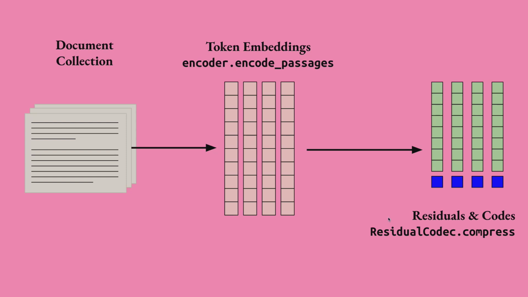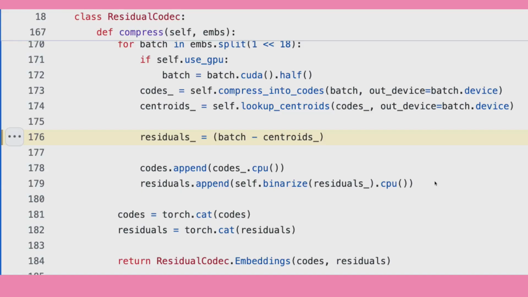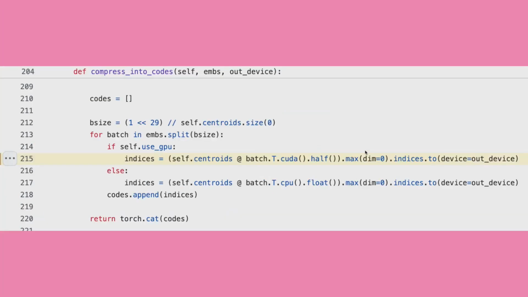And then we use residual codec.compress to take those embeddings and compress them into residuals, which are the difference between the token embeddings and the closest centroid, and then the codes, which are just single integer values, the centroid IDs that those token embeddings are closest to. And we saw that closest to is the maximum value of this matrix multiplication.